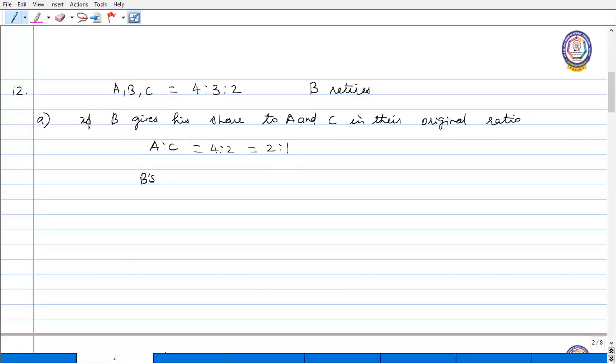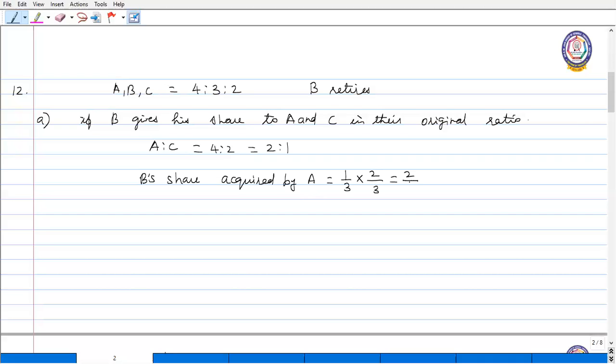So how much does A acquire? B's share acquired by A. So what is B's share? It is 3/9 or 1/3. So out of 1/3, A is going to get 2/3.